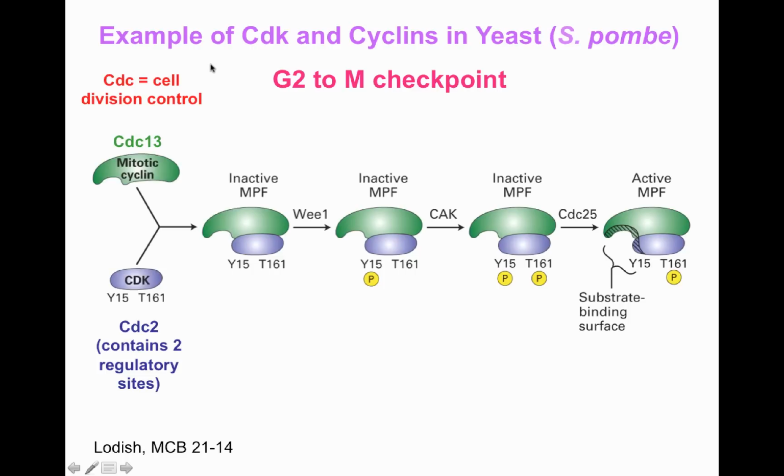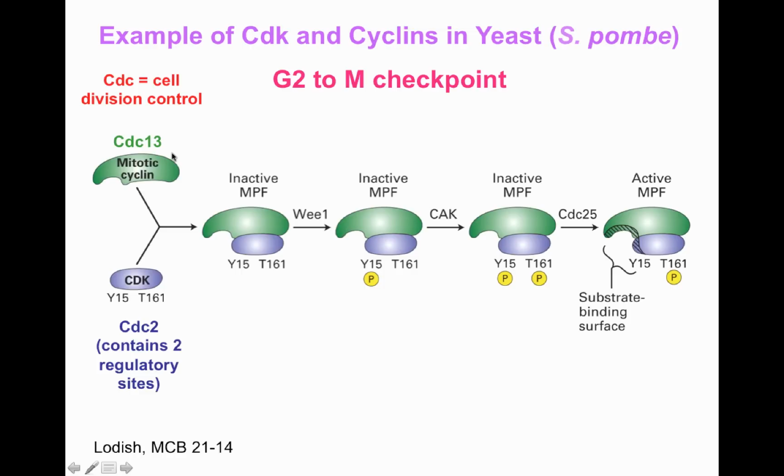Those are the names of the mutants that were initially isolated from S. pombe and Saccharomyces cerevisiae that control the cell cycle. So the mitotic cyclin is called CDC13, and the cyclin-dependent kinase is called CDC2. Now, you can appreciate from this image that CDC2 contains two different sites for phosphate, a tyrosine at position 15 and a threonine at position 161.